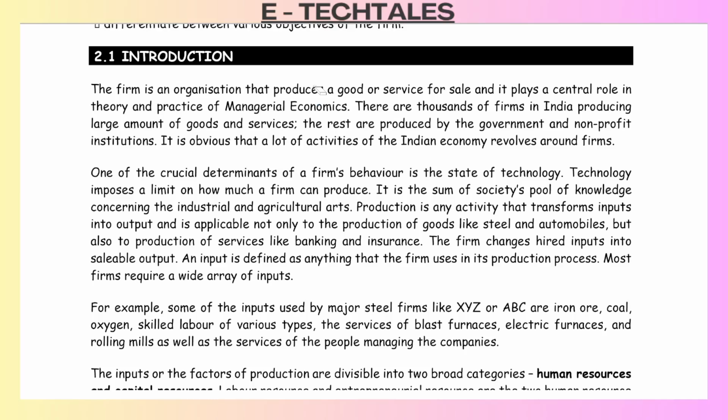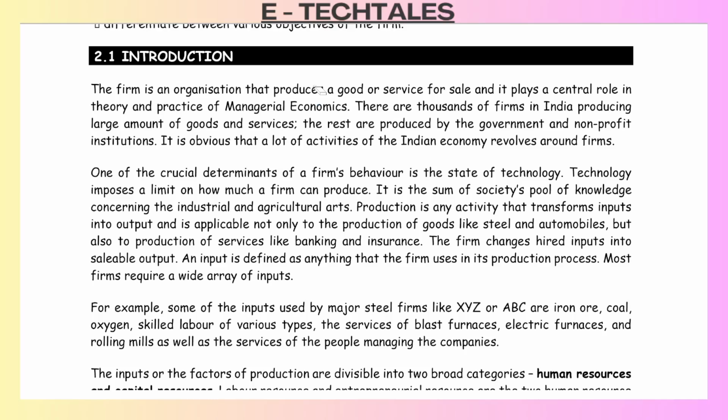In India, thousands of firms generate most of the country's goods and services, with the remainder produced by government and non-profit organizations or institutions, which means some portions are made by the firm and the rest is made by the government and the non-profit institutions, right?